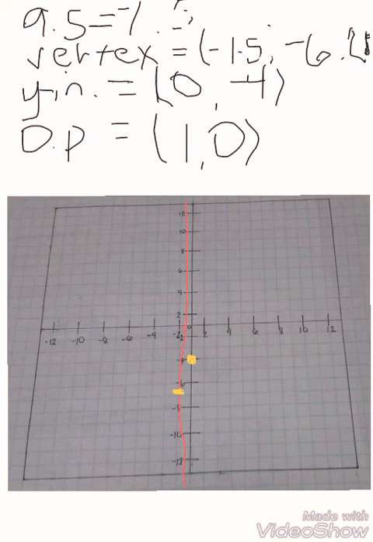And then the other point was positive 1 and 0. So we're going to stay here, and we're just going to reflect them, then here, and then here. Then we're just going to graph it, like that.